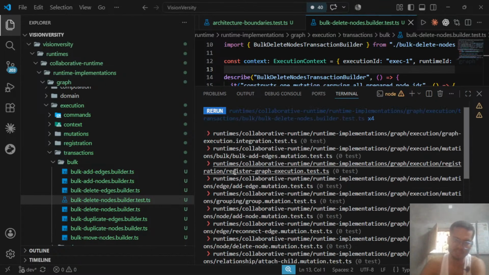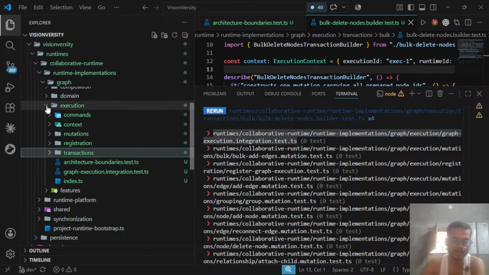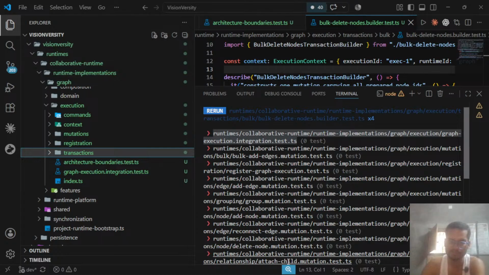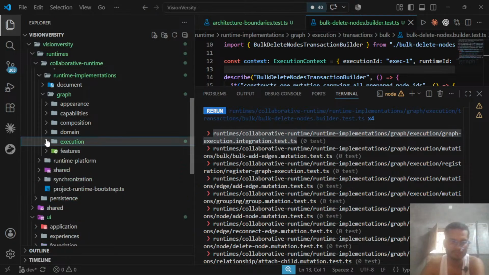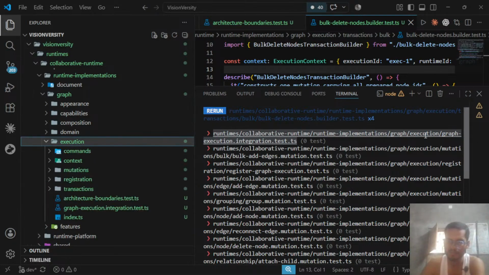So these files are just, first execution. The file is graph execution, graph execution integration.